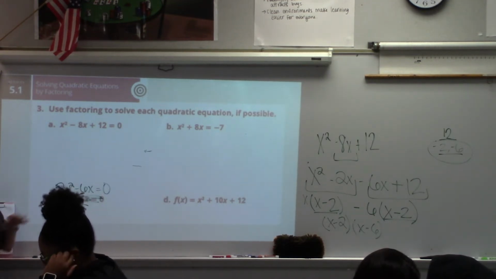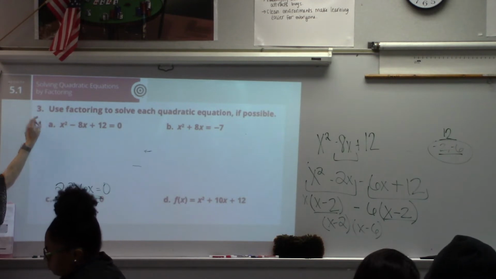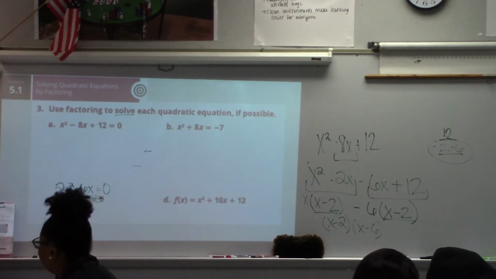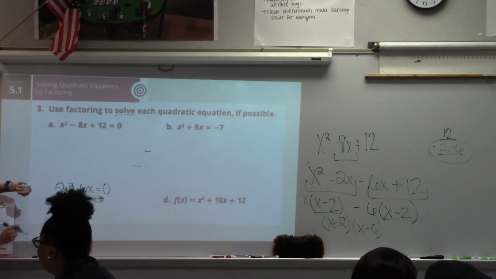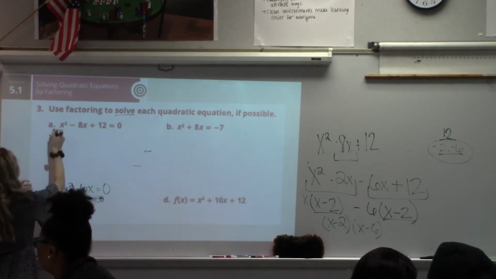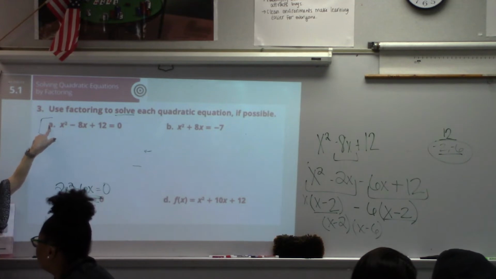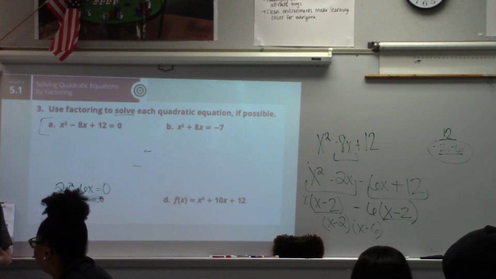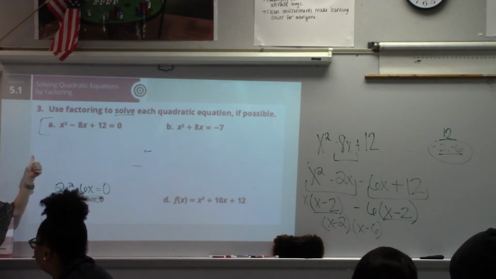Okay, so guys, you're using factoring to solve each quadratic equation. What we mean by this is, can you look at number A, x squared minus 8x plus 12, and tell me what value we could substitute in for x to make that equation true?